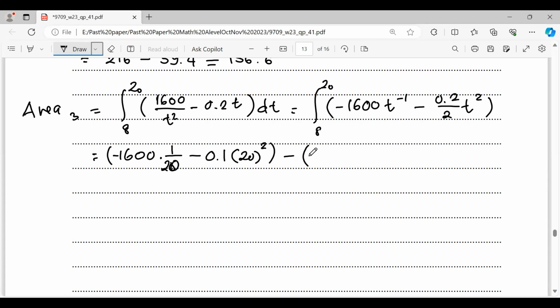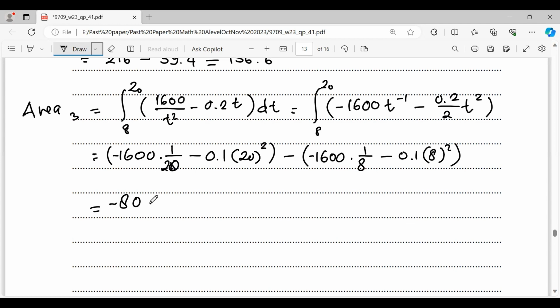And next, minus, 1600 times 1 over 8 minus 0.1 times 8 squared. Okay. 1600 divided by 20 is 80.